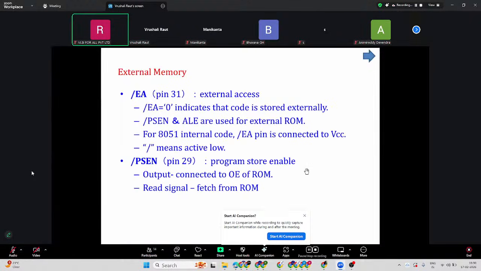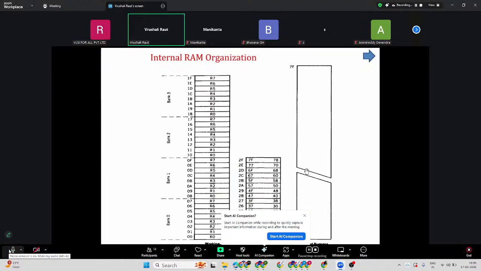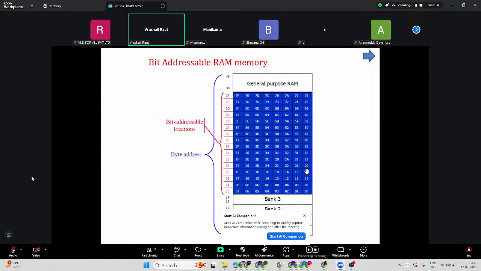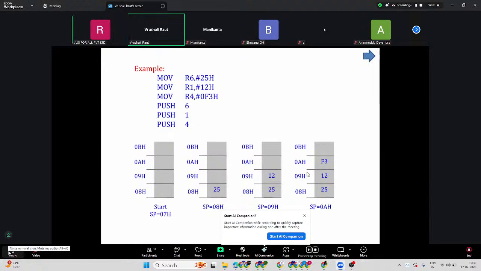Yes. Is the screen visible to you? Okay, and it is properly visible. Full screen is visible, right?